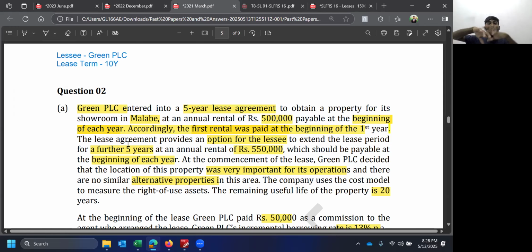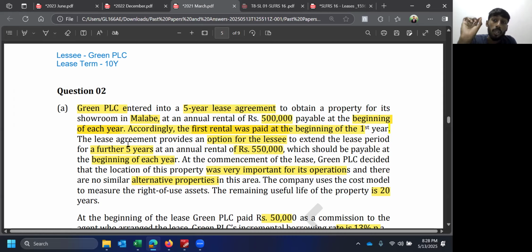Now, if they do not have any similar properties, they will be residing in the same property for as long as they can. Therefore, they have an economic incentive to use this extension option. Clear? Therefore, the lease term should not be just 5 years, which is the non-cancelable period. It shall be 10 years, adding the optional extension period.